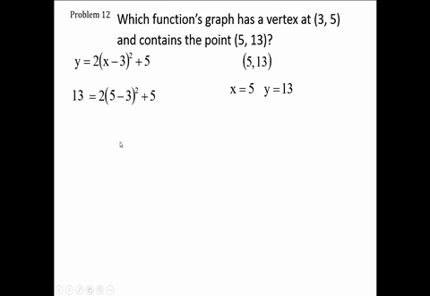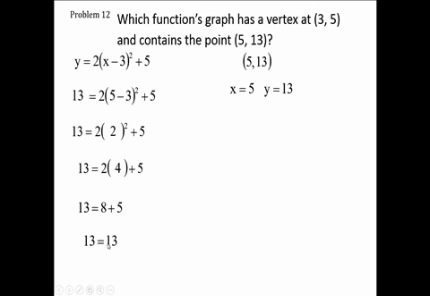Now what's 5 minus 3 again? 5 minus 3 is 2, squared is 2 times 2, which is 4. Take 2 times 4. Now you see this is going to work, isn't it? So this is our equation that's going to work. It has the vertex at (3, 5), where h is 3 and k is 5, and (5, 13) also works.